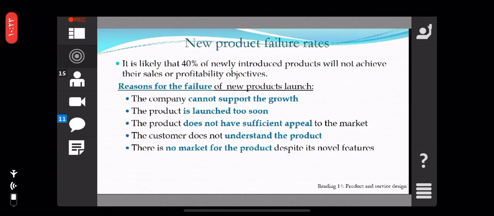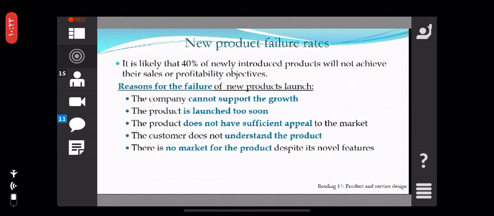Okay. New product failure rates. What is the failure rate of a new product? It is likely that 40% of newly introduced products will not achieve their sales or profitability objectives. It is according to a survey. It's not necessary that 40% is the ratio and it is applied everywhere. No, in social sciences it could be different.